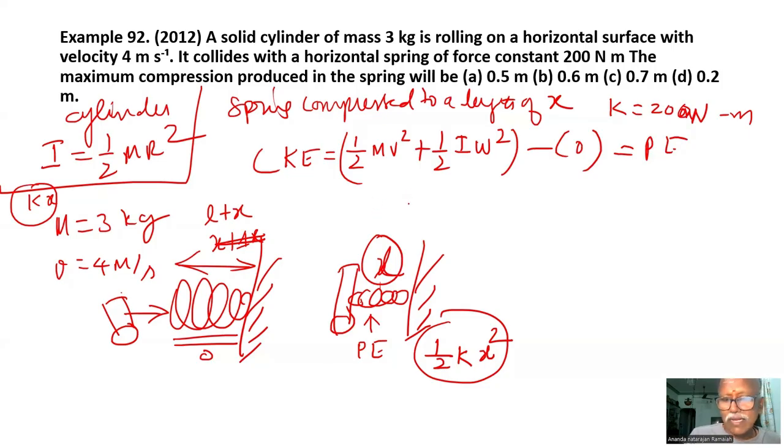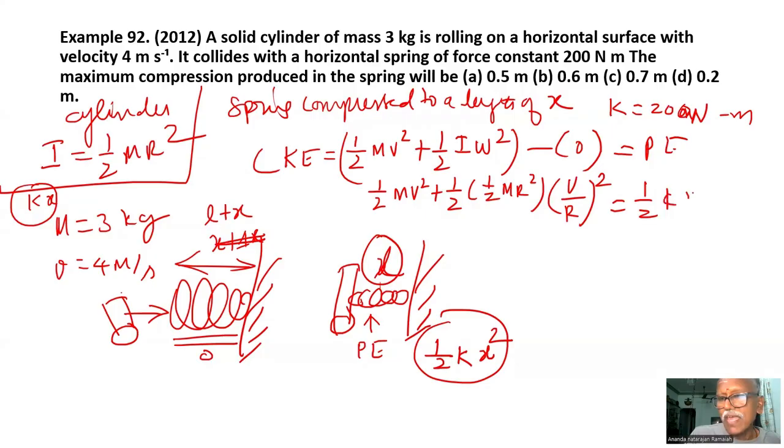Therefore, half k x square equals half m v square plus half, for a cylinder I equal to 1 by 2 m r square, omega equal to v by r, whole square.